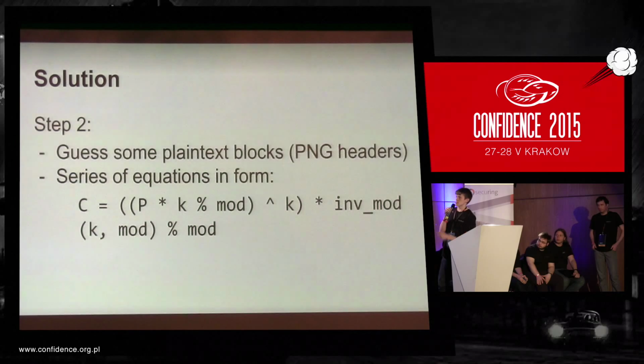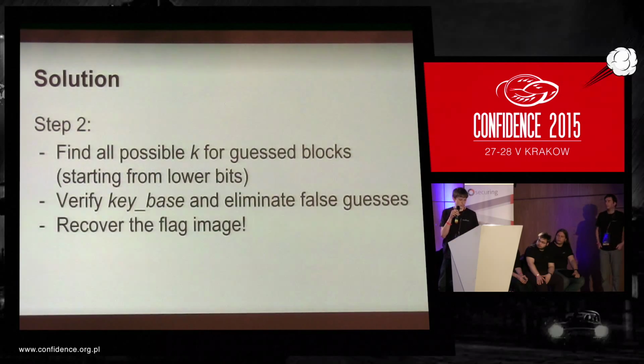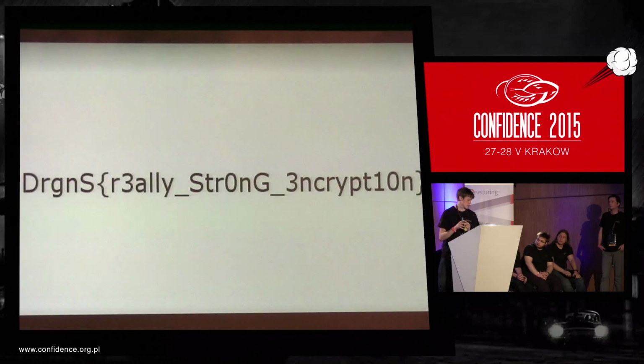And then we got some equations, and next we could just solve them starting from the lower bits, because the modulus was a power of 2, so you can start with the lower bits and then extend the result, then check the key base and just recover the image. So that's all.